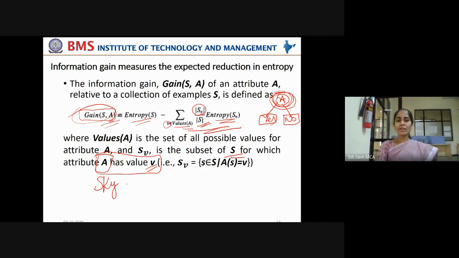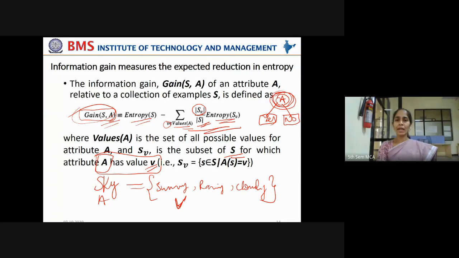Now, what is the set of values allowed for this attribute? Sunny, rainy, and cloudy. This is the value set V.